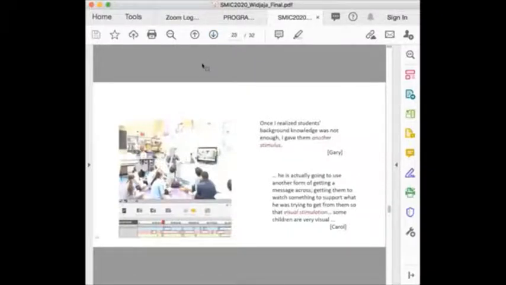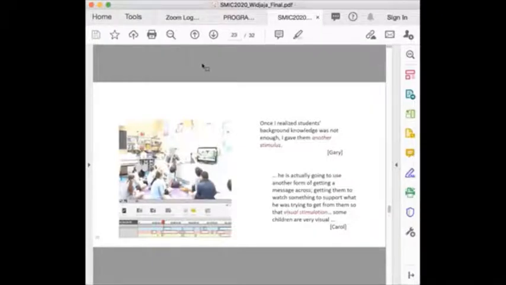In this particular episode that the teacher identified as important, he was looking at the students' understanding or prior knowledge, and he realized that the students' background knowledge was not enough. So he decided to give them another stimulus.